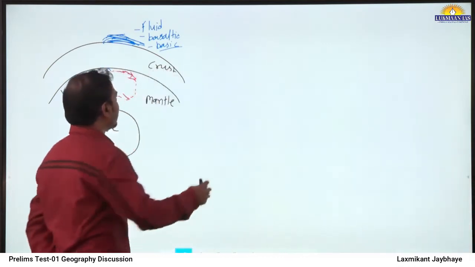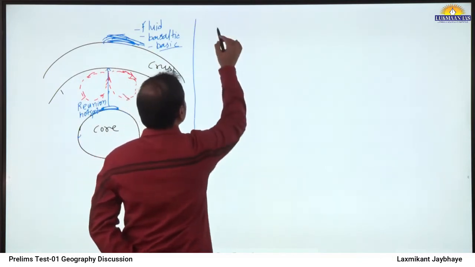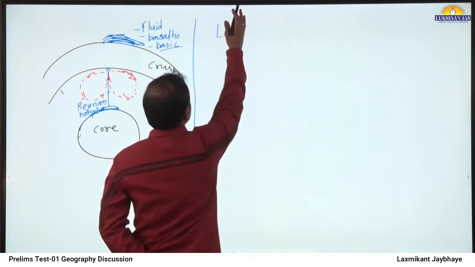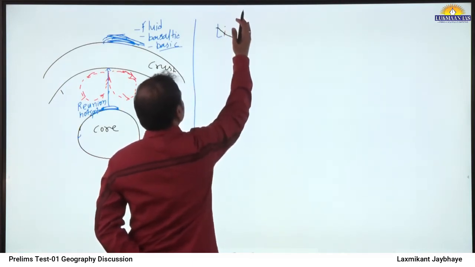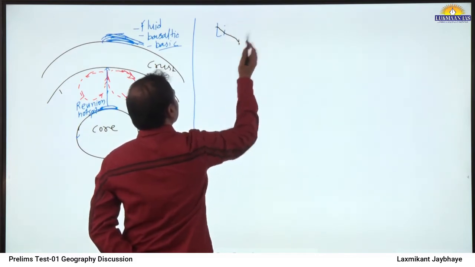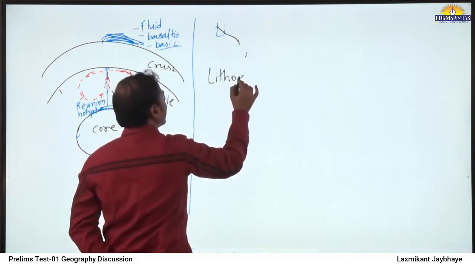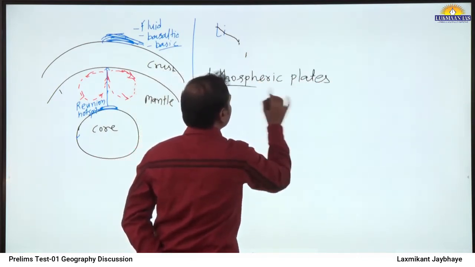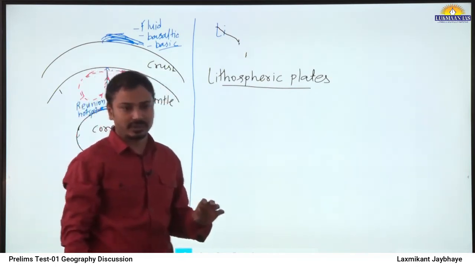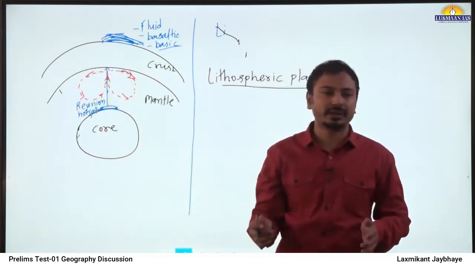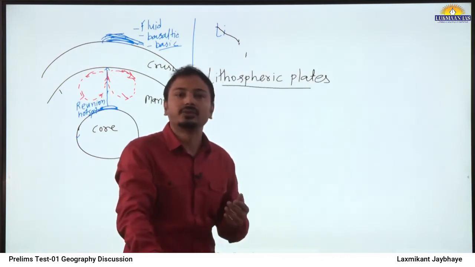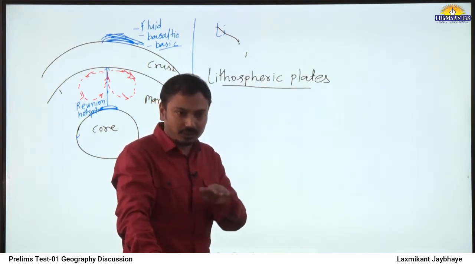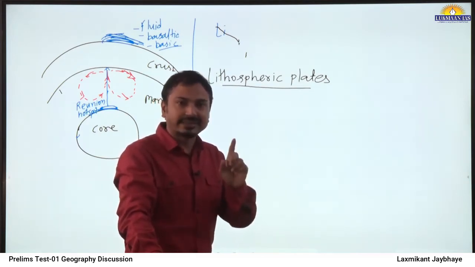You should be clear that lithospheric plates are lithospheric slabs. When we say lithosphere, it is crust plus upper mantle together. This lithosphere is freely floating over the asthenosphere, which is fluid, and that's why there is movement of these lithospheric plates.